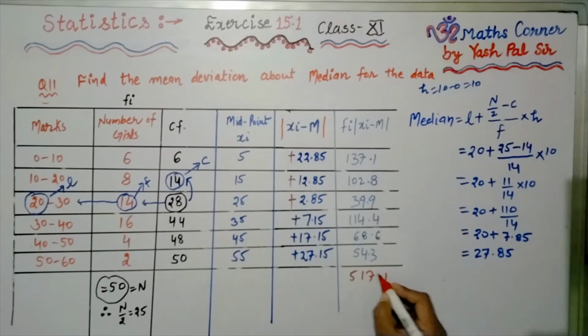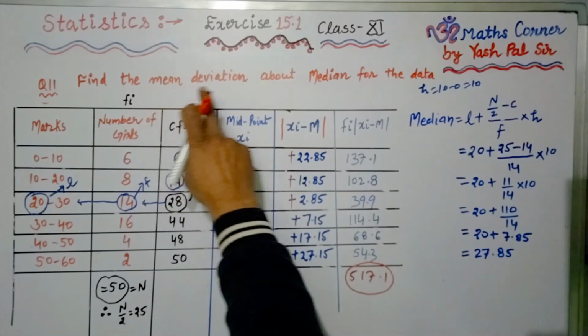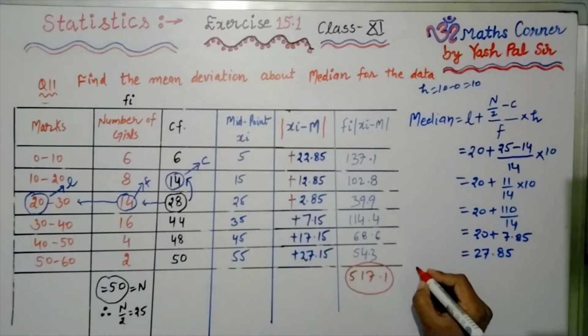Now we find the sum of this column. The sum of this column is 517.1.